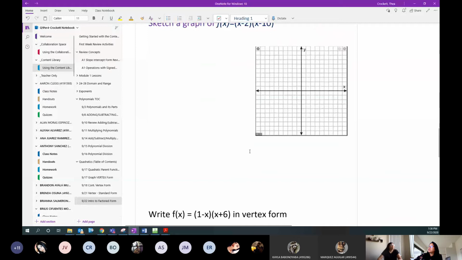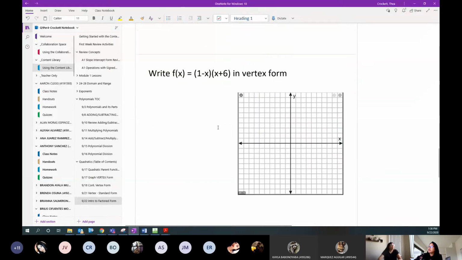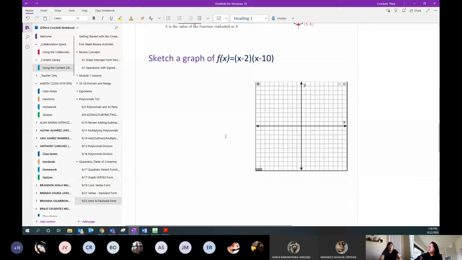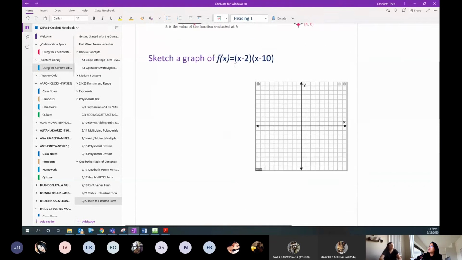And that's what we're going to do with this example. And later on, you're going to have to do it with the second example. Okay, so we're given a factored form, 2 sets. And there's an f of x, that means it's a function, so we're going to graph it. First, we're going to get the roots, or the zeros.